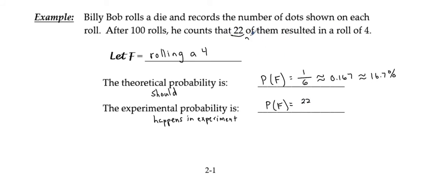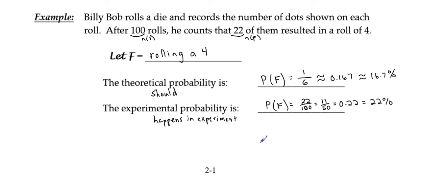So that is your NF. And out of 100 times. So that is your NS. So it's 22 out of 100. So again, a fraction in lowest terms or a decimal. This time it's not rounded, so you don't need the approximately symbol, or a percent.